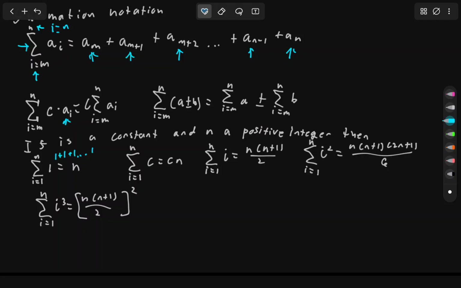The sum from i equals 1 to n of i squared is equal to n times (n plus 1) times (2n plus 1) over 6. And finally, the sum from i equals 1 to n of i cubed is equal to n times (n plus 1) over 2, all of which squared.